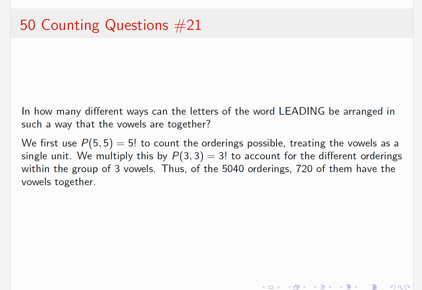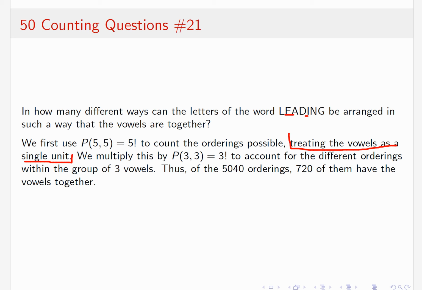And now we get to how many different ways can the letters of the word leading be arranged in such a way that all the vowels are together? Let's talk about what we're doing because the vowels are the E, the A, and the I. The main thing to do is to treat the vowels as a single unit.